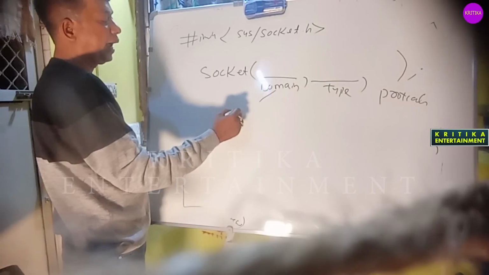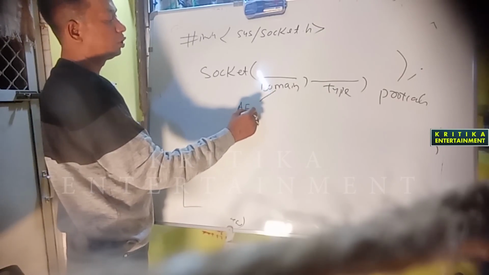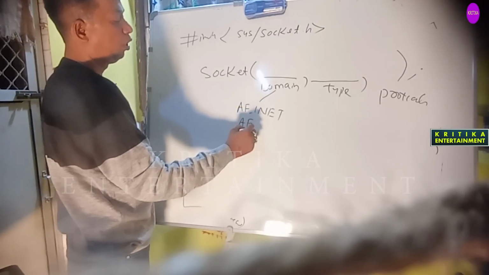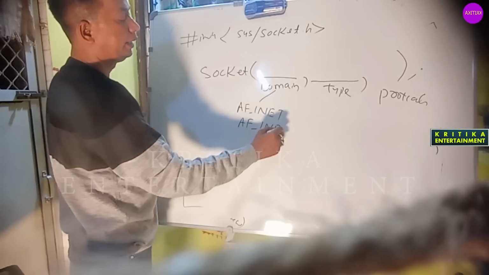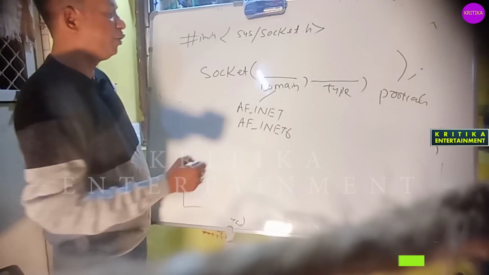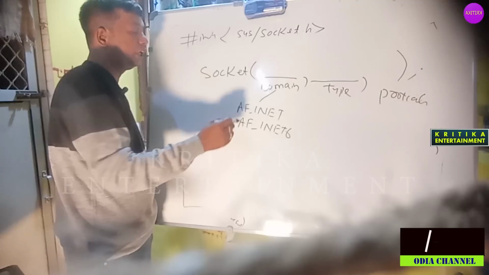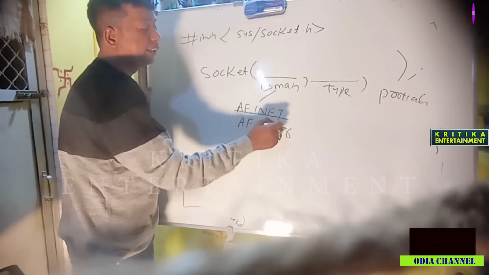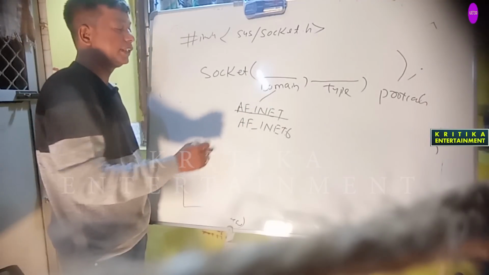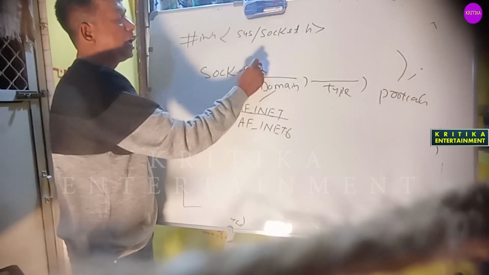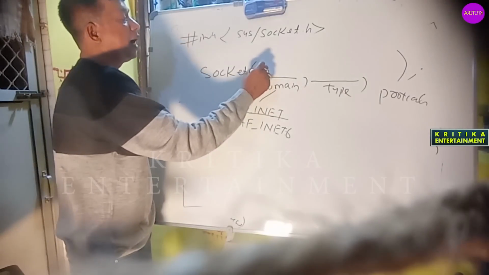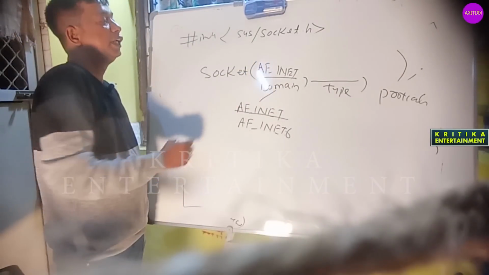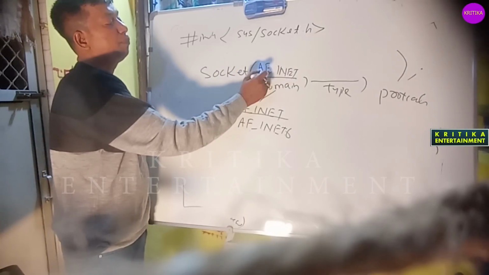In domain you can write AF_INET or AF_INET6. That means if you are using IPv4, then use AF_INET. Address family internet 6 means IPv6. Here I am doing the IPv4 program, so you write AF_INET, address family AF_INET.